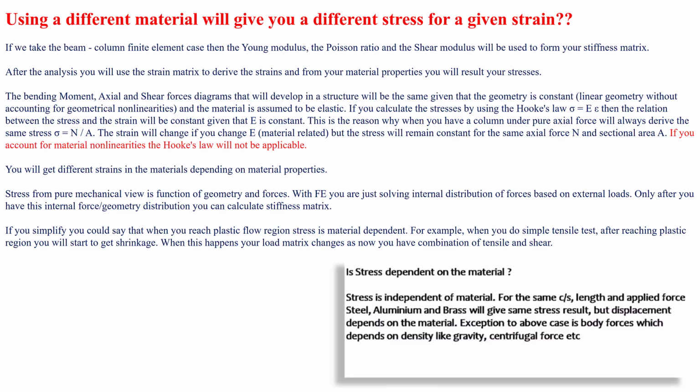In a more convenient way, the stress is independent of material for static analysis for the same cross-sectional area, length, and applied force. So if you consider steel, aluminum, brass, all the materials will give the same stress results, but displacement will vary. Remember that much.